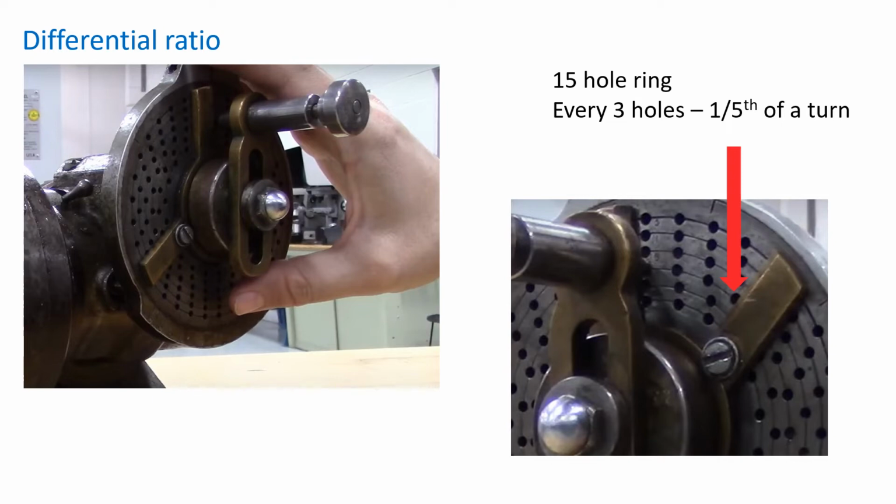What I'll do is I'll pick the 15 PCD hole ring on my hole plate, and if I divide that by 5, every 3 holes is a 1/5 of a turn. I could have picked any hole ring that was evenly divided by 5.